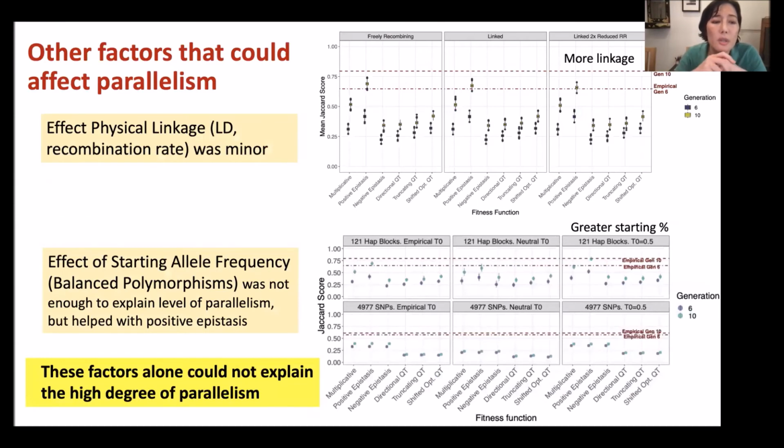So we examined several other potential factors that could affect the degree of parallelism. We looked at the effects of physical linkage, and we found that the effect of physical linkage was quite minor. We also looked at the effect of balanced polymorphisms, or the effect of starting allele frequency, and we found that its effect was relatively low and could not explain the high degree of parallelism that we found, but it did seem to facilitate the positive epistasis simulations.